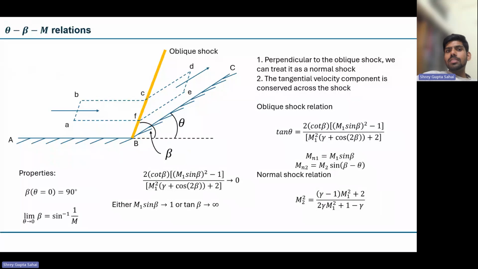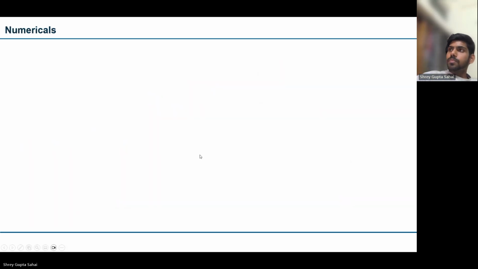Let me first write the questions that we are going to solve, and then we'll come back to the solution. So let's write. So there is this first example.